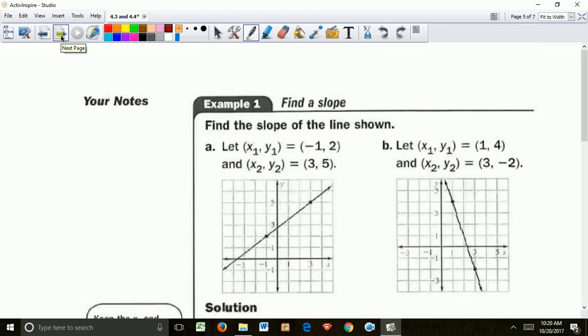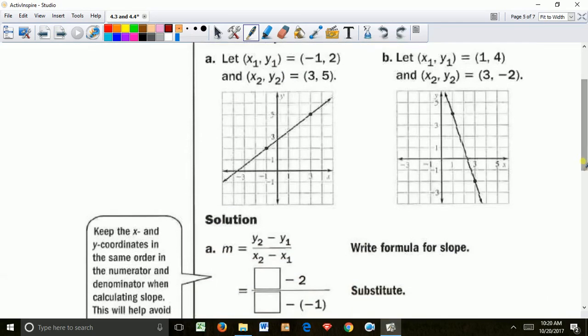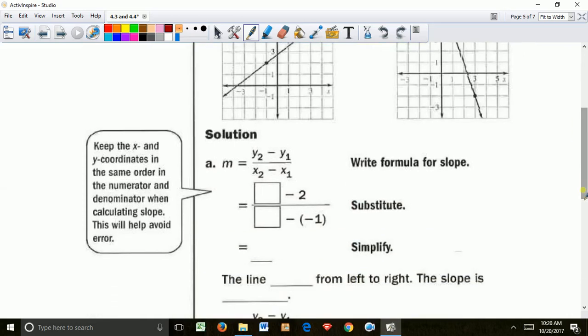In example 1, they want you to find the slope of the line shown. So in A, you've got (x1, y1) as (-1, 2) and (x2, y2) as (3, 5). As you're using the slope formula each time, I greatly encourage you to write the slope formula. Keep the x and y coordinates in the same order in the numerator and denominator when calculating slope.